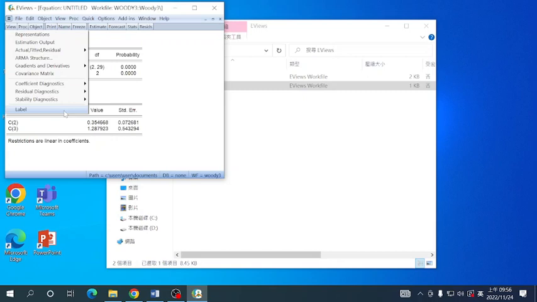The second one, uninsured, means whether you have insurance or not. How do you think about this one? Maybe positive? Uninsured.